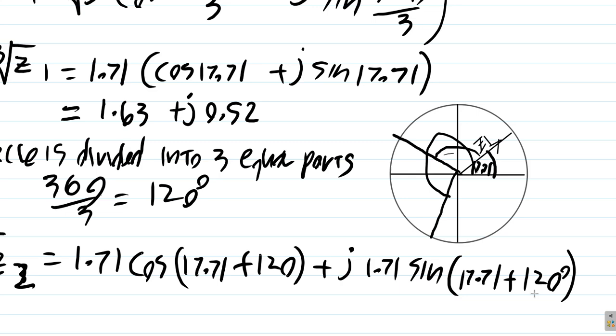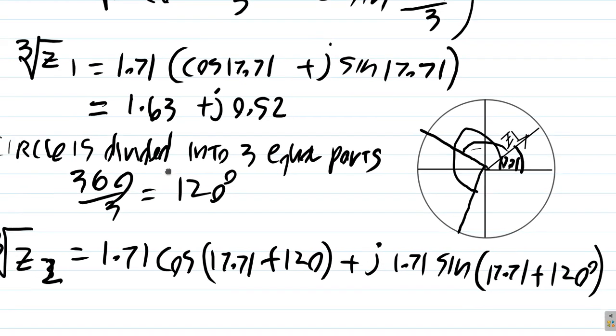So remember, after we find the first one, we have 2 more. They must divide the circle equally, so we rotate it. Each is separated by 120 degrees, all right?